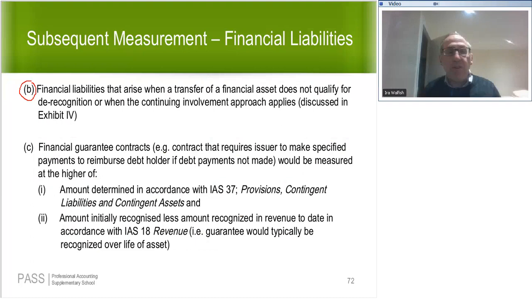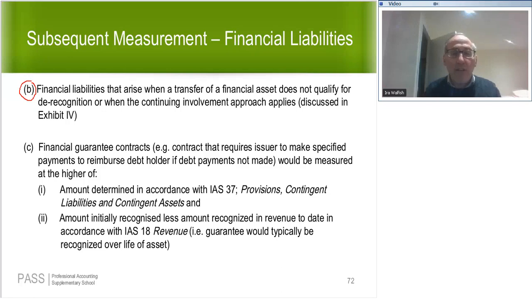The final situation is a financial guarantee contract where either it's going to fall under IAS 37, which will be the subject of a separate lecture, or you're dealing with a situation that I'm describing in point number 2. Again, this is an extremely unlikely situation to come up. There's a 1 in a million chance it will. In case you're interested in looking at an example of situation number 2, please just look at the example I created here. Very unlikely to come up on an exam.